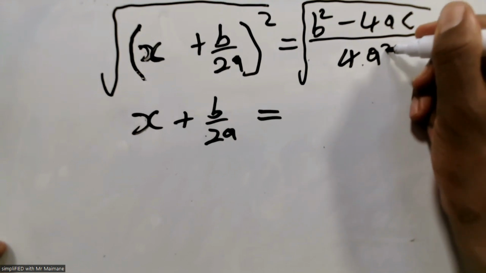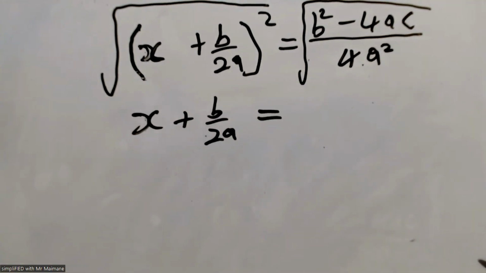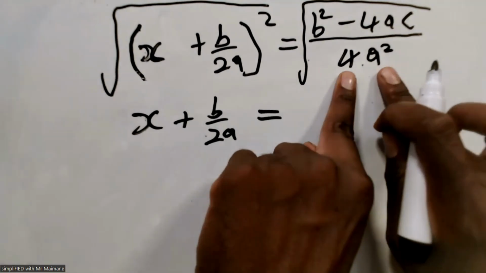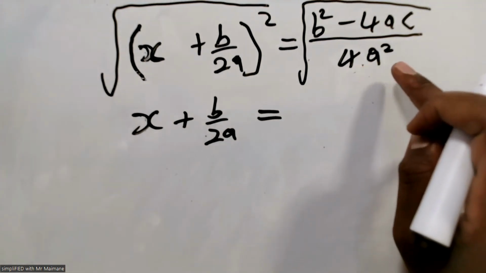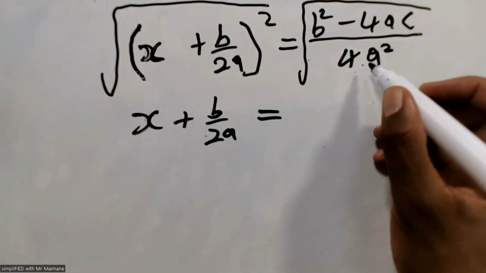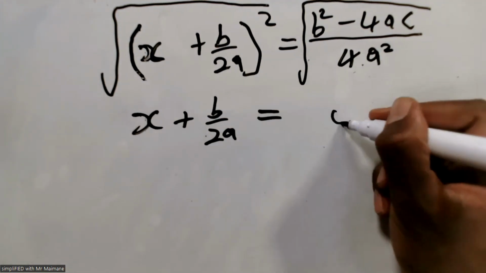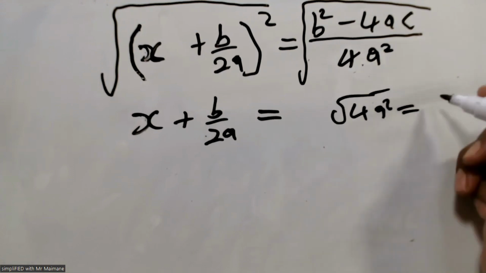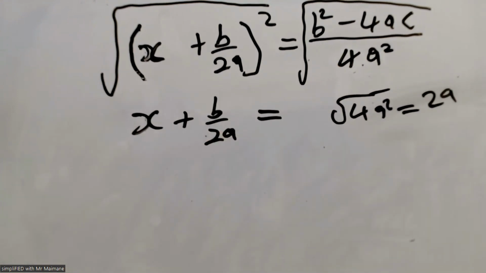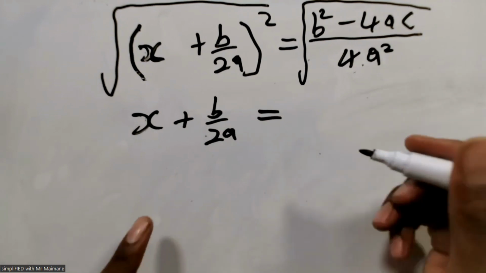This has to be 4a squared from the previous one. We all know that the square root of 4a squared is the same as 2a. I made a mistake by writing 2a in it because I know the outcomes already.